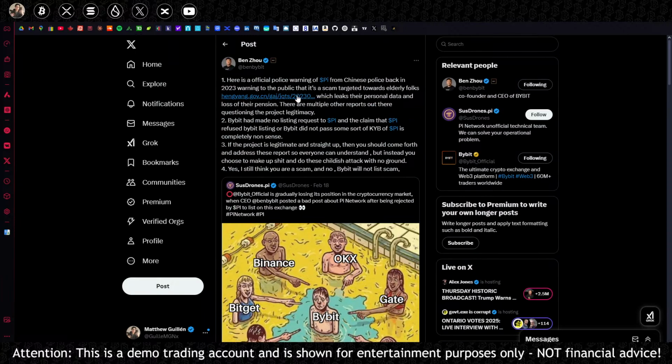Which Benzu came out and said, no, that is not the case. Here's an official police warning of Pi from Chinese police back in 2023, warning the public that it's a scam targeted towards elderly folks. So Pi Network it's actually a scam then. It leaks personal data and loss of their pension. There's multiple other reports out there questioning the project's legitimacy.